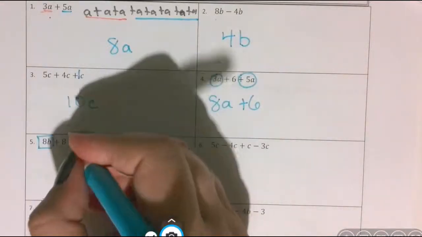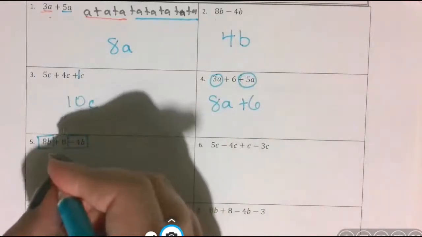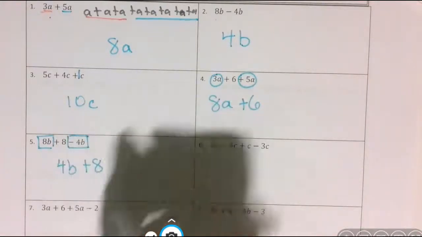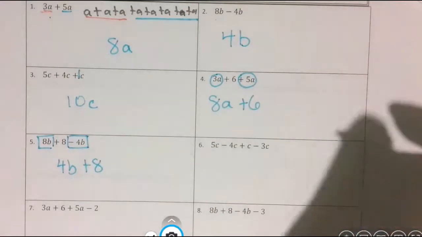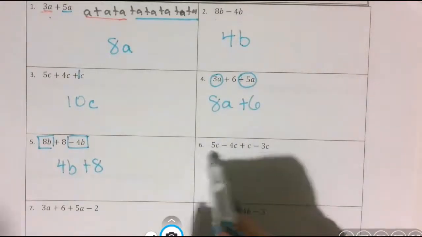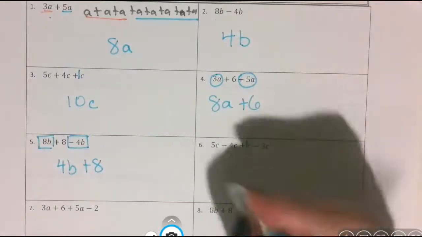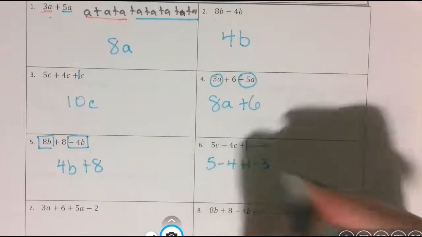Okay, and we have b and negative 4b. So 8b minus 4b is 4b. And then 8 is just a constant, and there's no other constants to combine it with. Next, each of these has a c, so they're all like terms. We're going to combine them all. 5 minus 4 plus 1 minus 3.